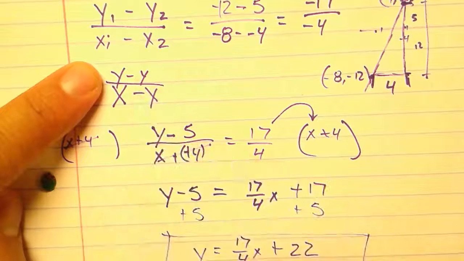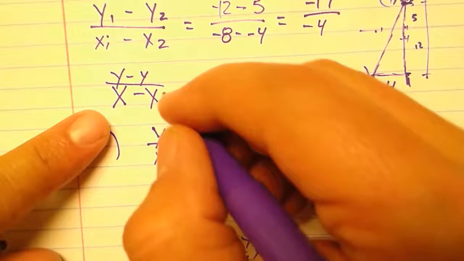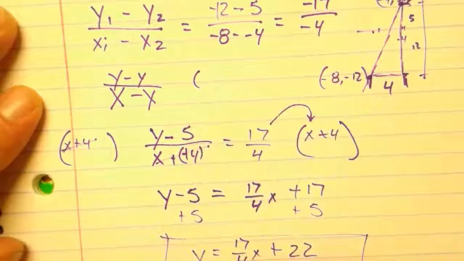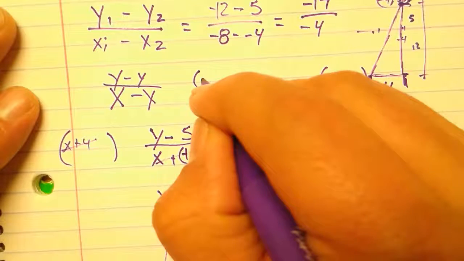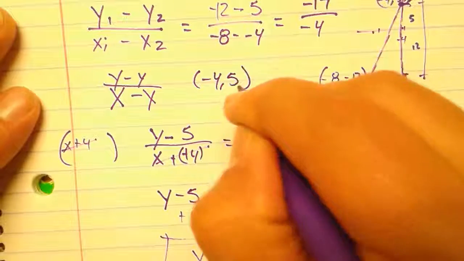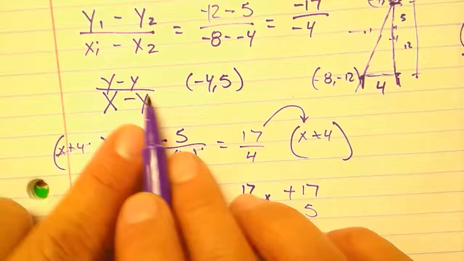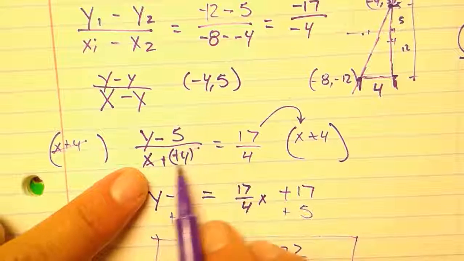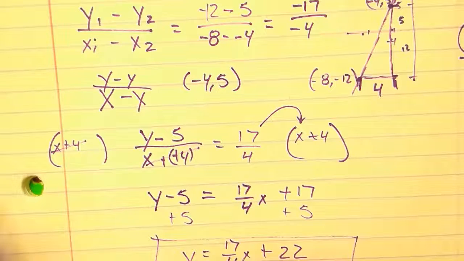In this case, as you can see, I inputted -4, 5, so y minus 5 and x minus -4, and setting that equal to the slope that we found earlier.